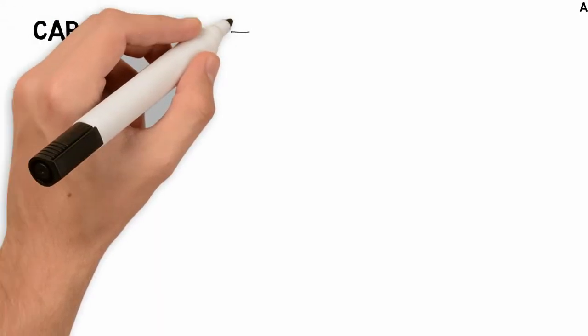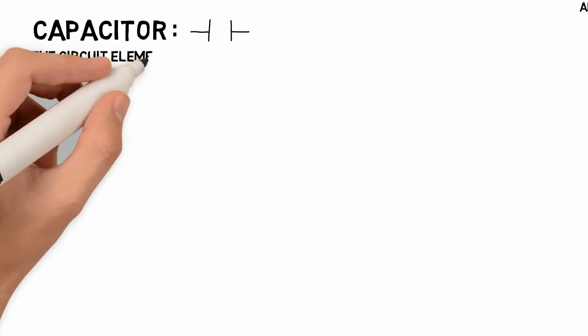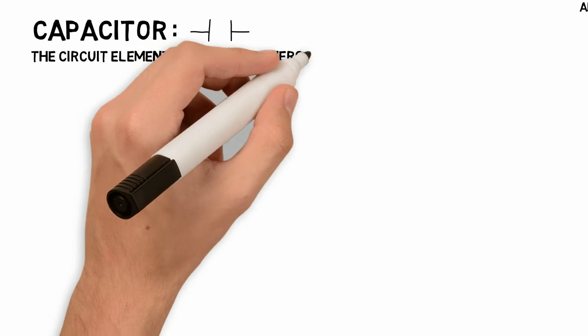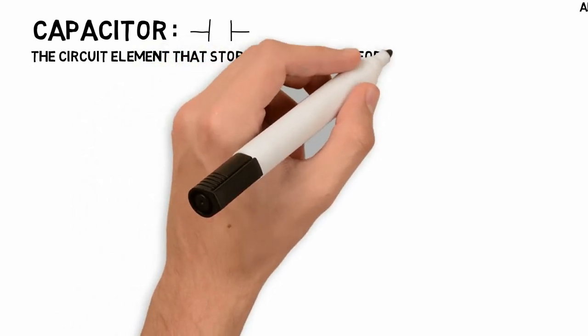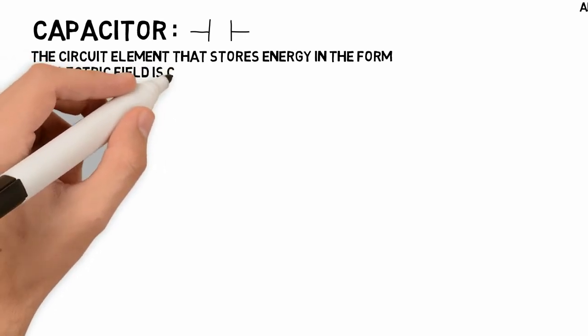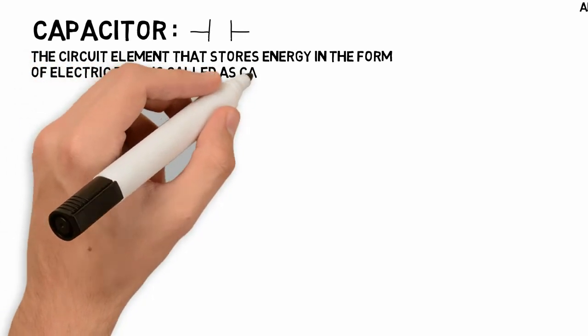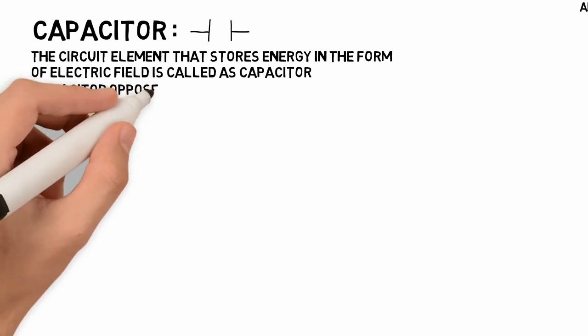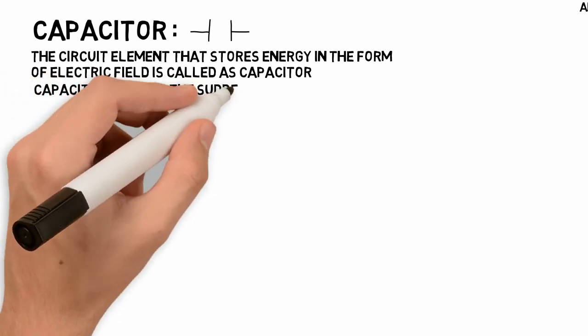Capacitor. The circuit element that stores energy in the form of an electric field is called a capacitor. A capacitor opposes the sudden change in voltage.